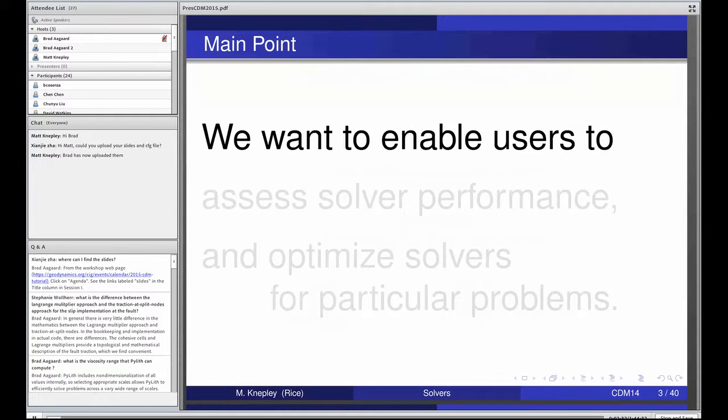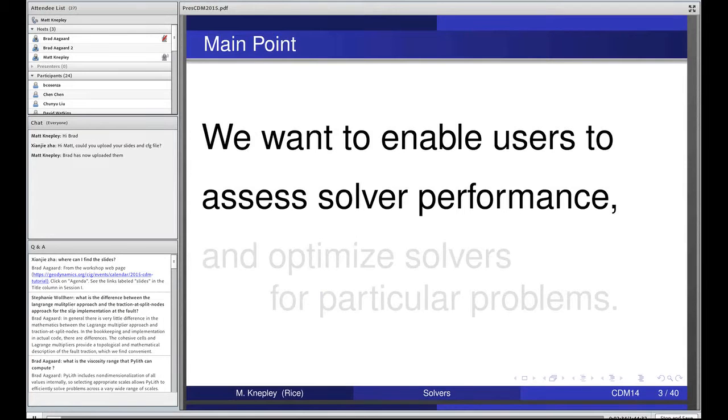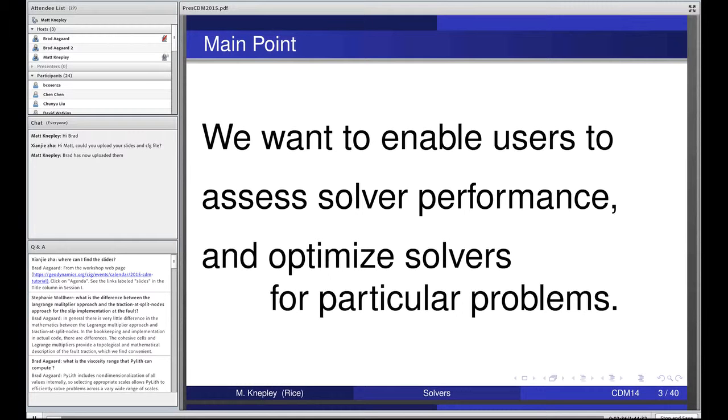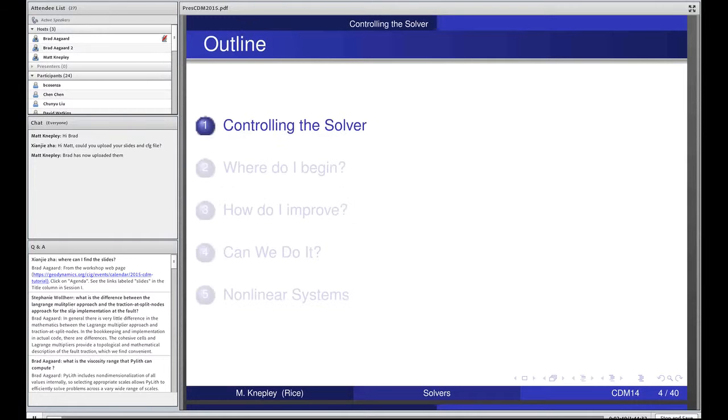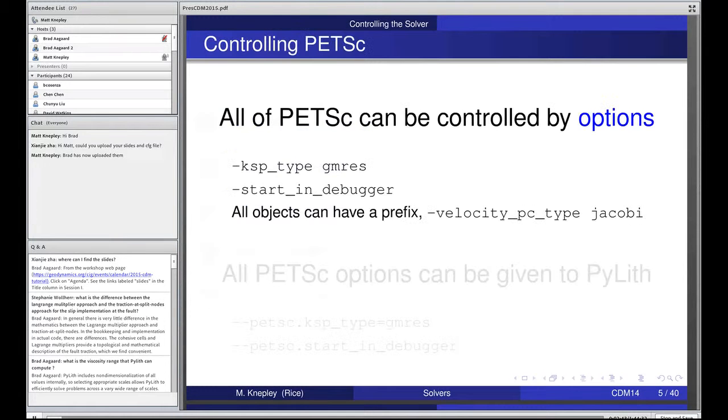Okay, so as I said, we want to enable you to both assess solver performance and then optimize or fix particular problems. So first we want to talk about how you control the software. You control the solvers the same way you control everything else in PyLith, which is by these options. And so directly to PETSc, the options have this form above.